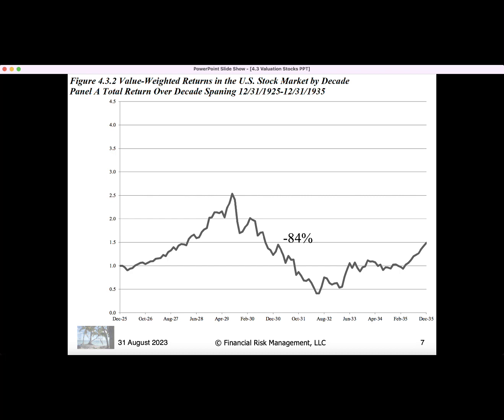But the other thing I want to point out, if you invested $1 at the end of 1925 and somehow went to sleep for a decade and woke up at the end of 1935, notice that you're up 50%. You start out with $1, you end up with $1.50, and so that would have actually been a 50% return over that decade. And so it would not have been a loss.